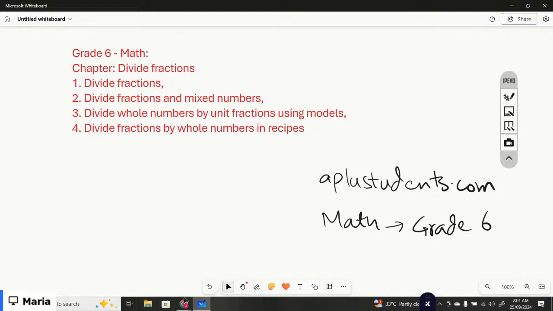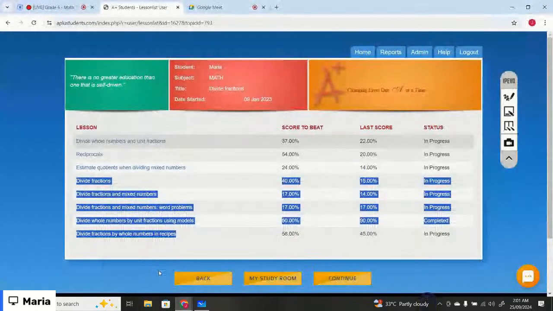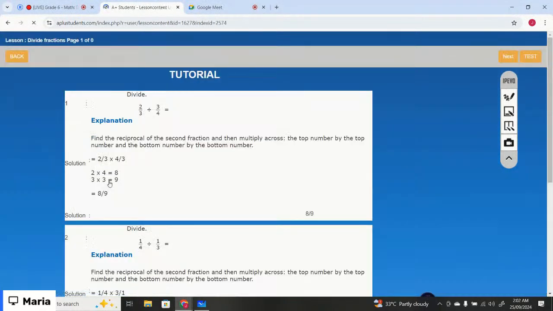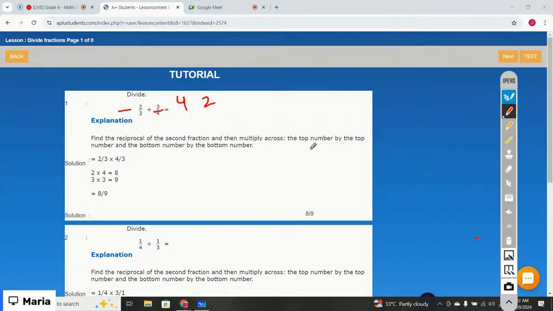Okay, so here I'm on the grade 6 math. The chapter we are on right now is divide fractions. So let's just start with the lesson that is divide fractions. Let's see how we divide. You have to divide 2 by 3 divided by 3 by 4. Basically you need to replace this division sign with multiplication and take the reciprocal of the fraction after.